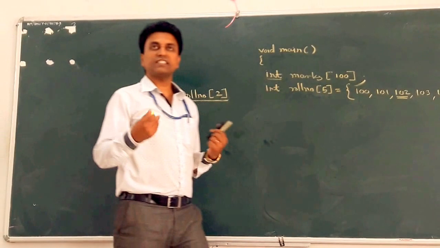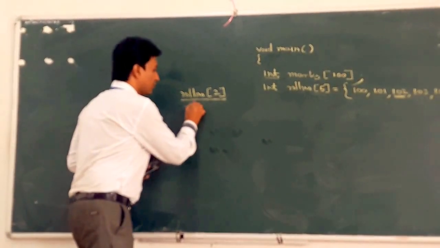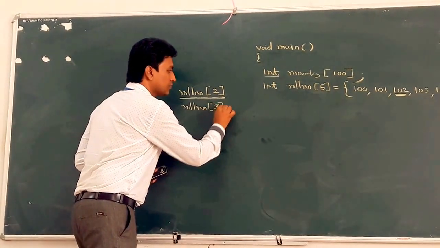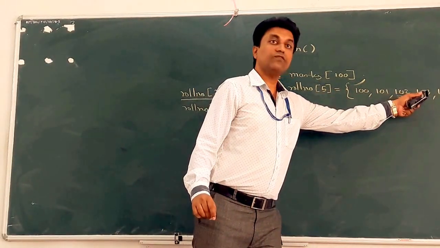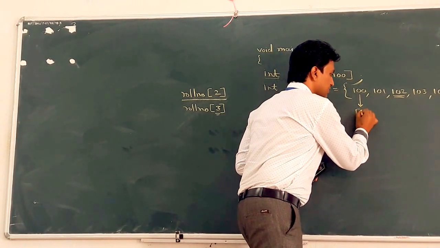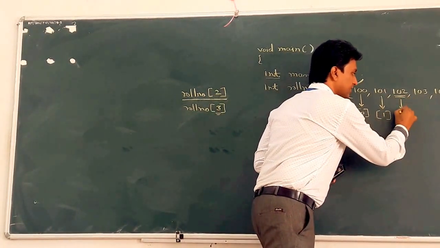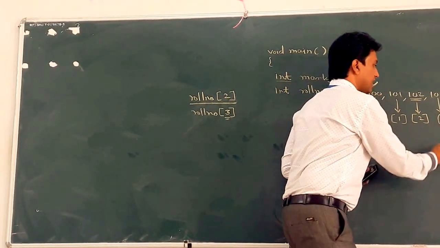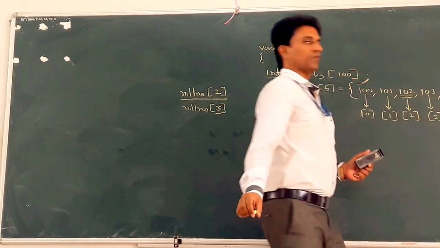If you want to access the fourth roll number in that array, roll number of 3 gives you the fourth element. This element is at index 0, this element at index 1, this element at index 2, this element at index 3, and this one at index 4.